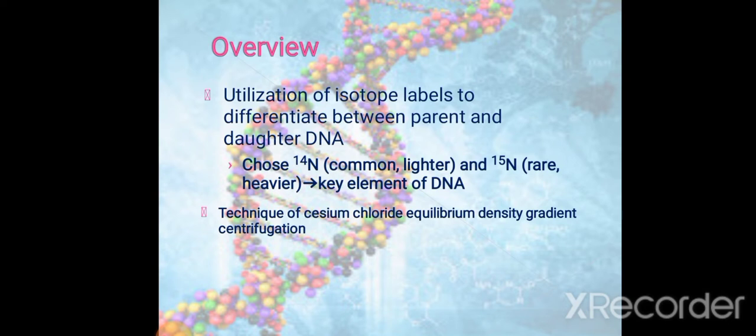This cesium chloride is responsible to separate out two chemical compounds having different atomic masses, on the basis of their densities. So for the separation of these DNA molecules, either with the lighter isotope or the heavier isotope, there is the utilization of this technique.